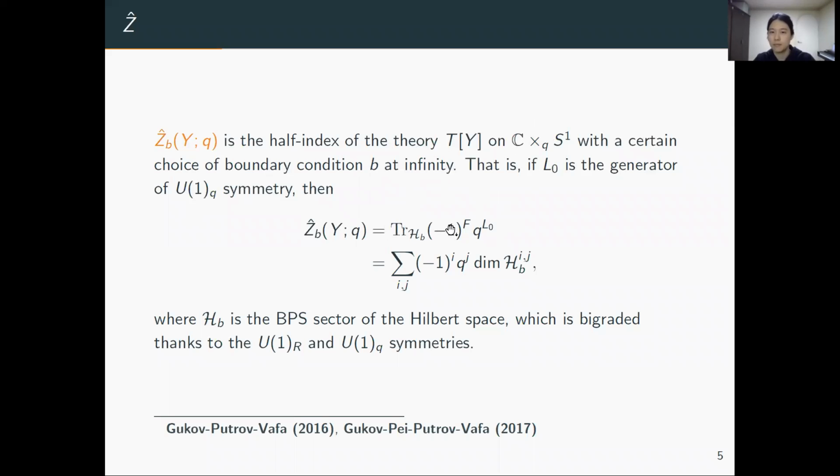It's a trace of (-1) to the fermion number operator times q to the L_0 over curly H_B, where this curly H_B denotes the BPS sector, or the Q-cohomology of the Hilbert space. Since it enjoys this U(1)_R symmetry as well as U(1)_q symmetry, it is naturally bigraded, and so it can be written as this graded Euler characteristic of this bigraded space of BPS states.